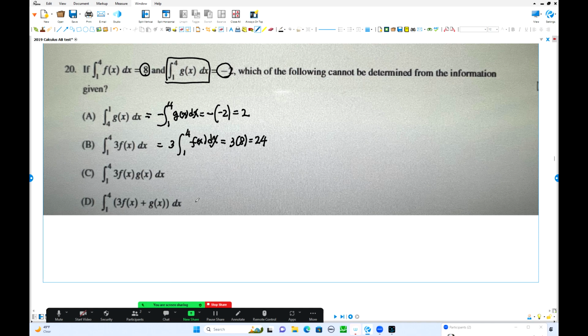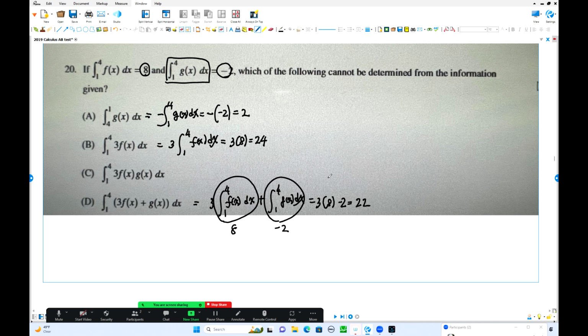Now take a look, this is the first: 3 times the integral from 1 to 4 of f of x. The constant can move out, and the dx separates: the integral from 1 to 4 of g of x dx. This is already given as 8. The second one is minus 2. So 3 times 8 minus 2 is 24 minus 2, which is 22, right?